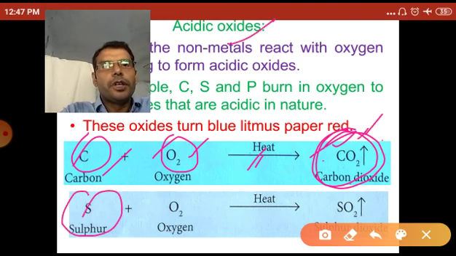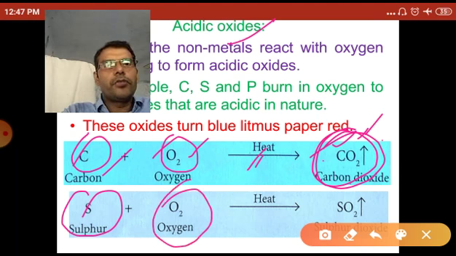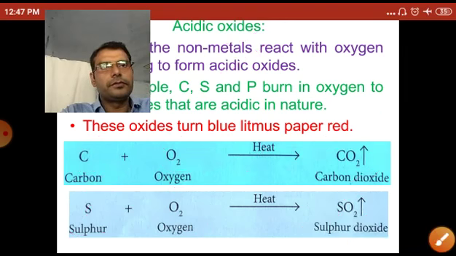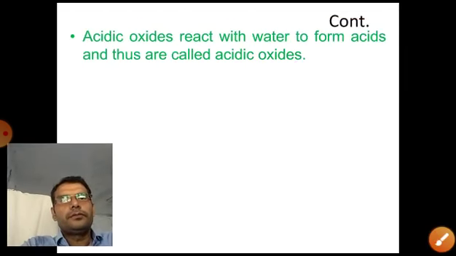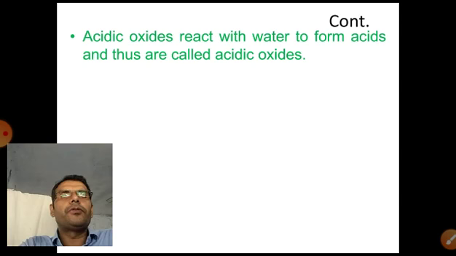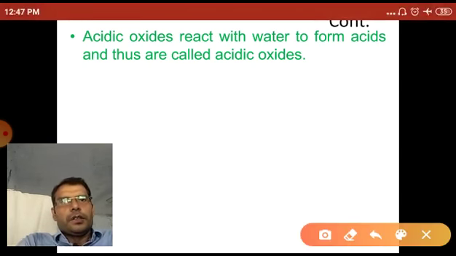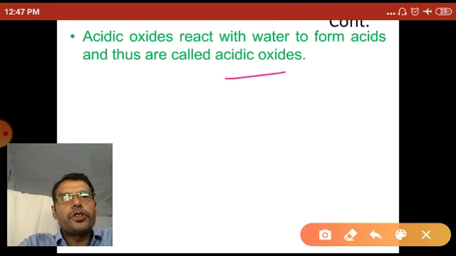When sulfur is burned or heated in the presence of oxygen, it forms SO2, sulfur dioxide, which has an acidic nature. Acidic oxides, when they react with water, form an acid. So these are called the acidic oxides.